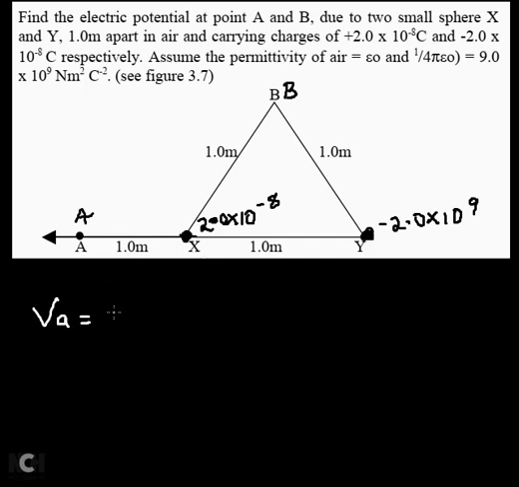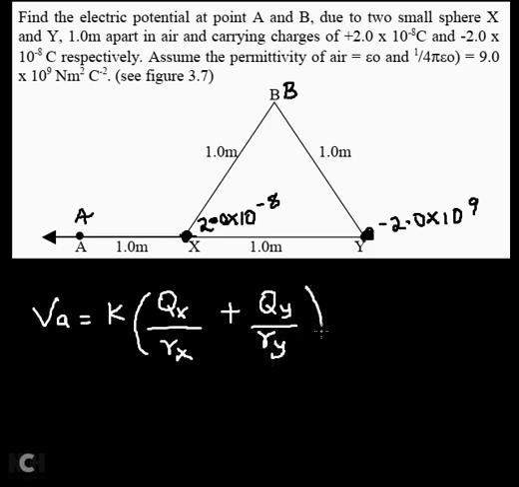By the formula, that's going to be K times the charge at X, let me use QX to represent that, divided by the distance of X from A, which I can represent as RX, plus the charge at Y, QY, divided by the distance of Y from A, which I'll call RY.